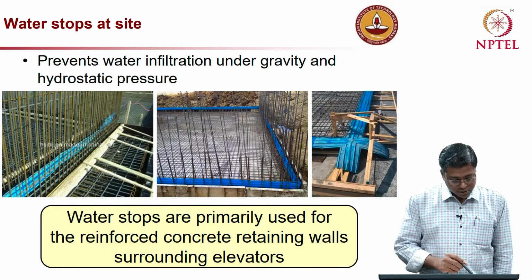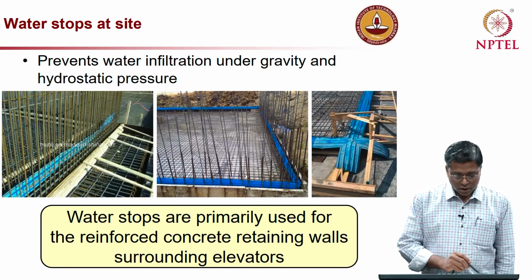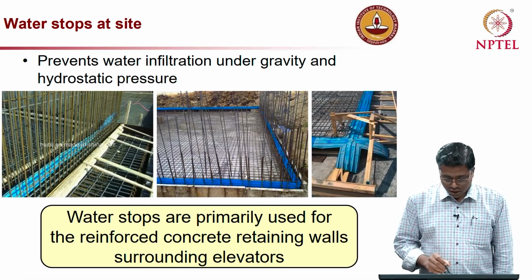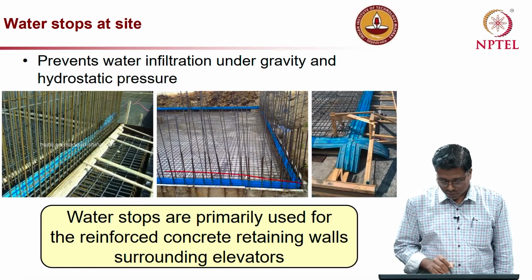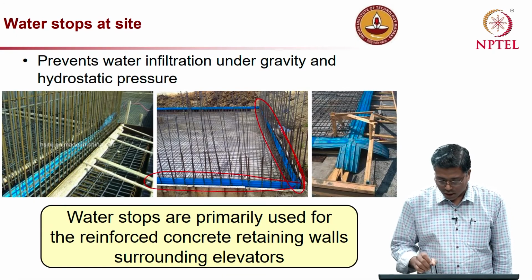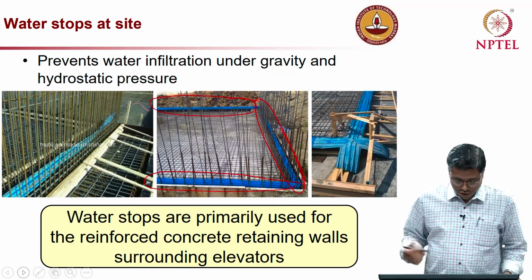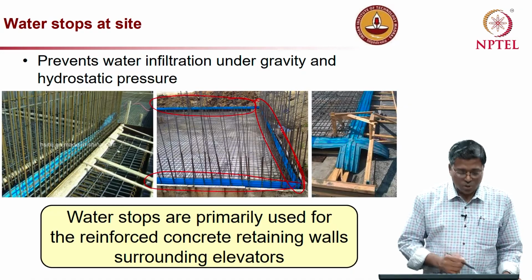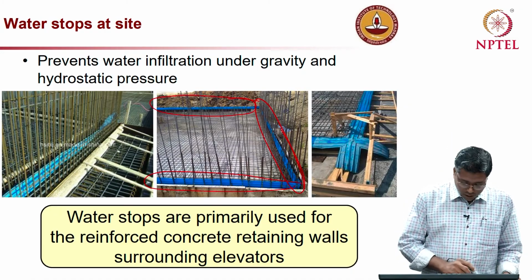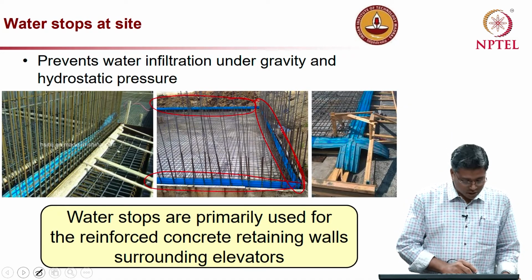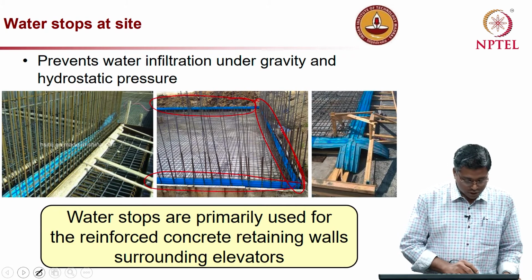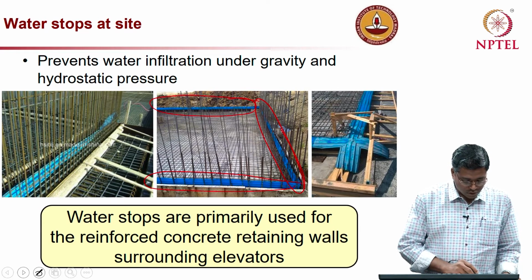Now, these are examples of water stops on a site. You can see different types here, put all around, all along the periphery, especially used for retaining walls or elevator shafts, where we can really stop the entry of moisture.